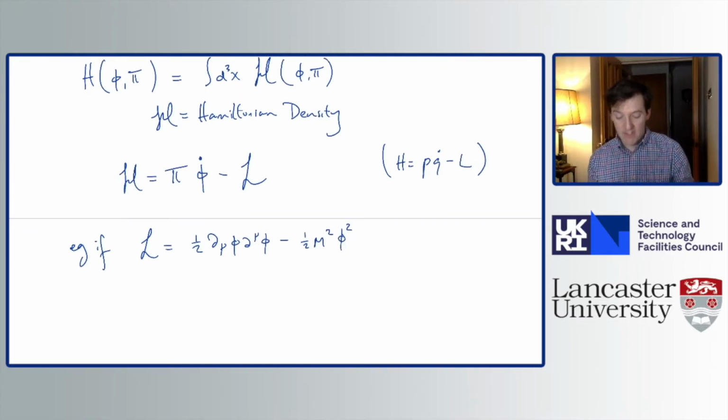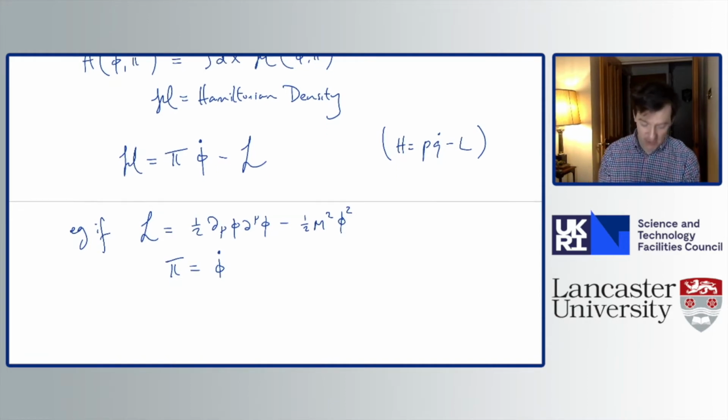Starting from this Lagrangian, you should be able to show that the conjugate momentum density turns out to be just the time derivative of the field, phi dot, and that the Hamiltonian density is a half of phi dot squared plus the spatial derivative of phi squared plus m squared phi squared.